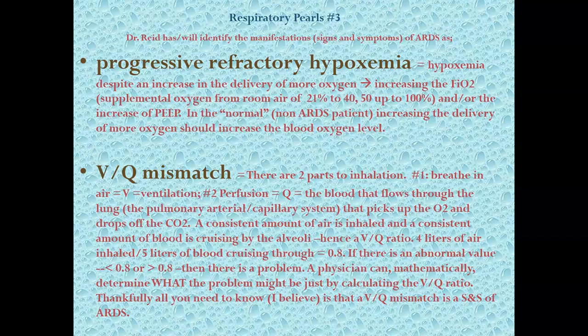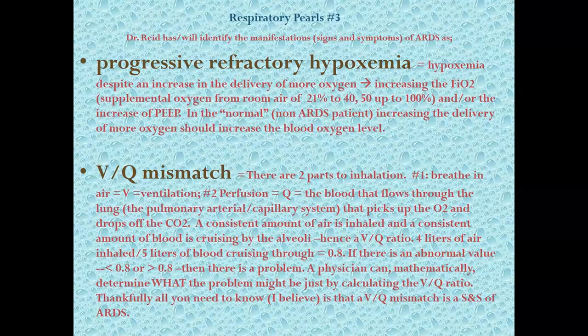That's ventilation to perfusion. So when we talk about this, it's physics, and that part of physics is math. There is a consistent amount of air that's inhaled and a constant amount of blood that cruises through the alveoli in the pulmonary artery system. And that's why there's a VQ ratio. On average, there's 4 liters of air inhaled and 5 liters of blood flowing through, and when you divide 4 by 5, you come up with 0.8. So every person should have a VQ of 0.8.